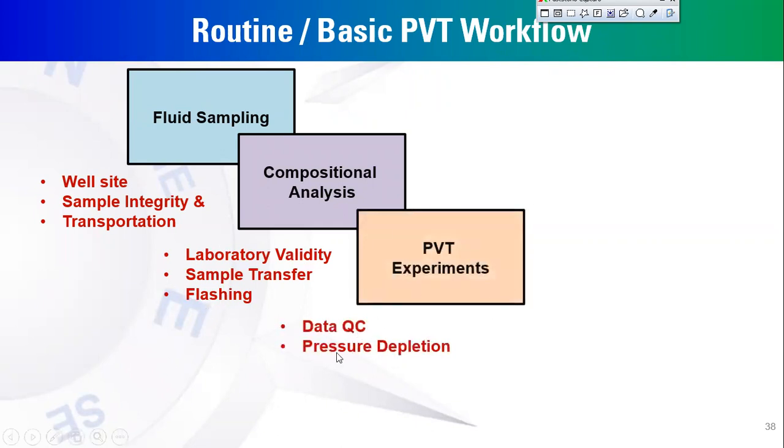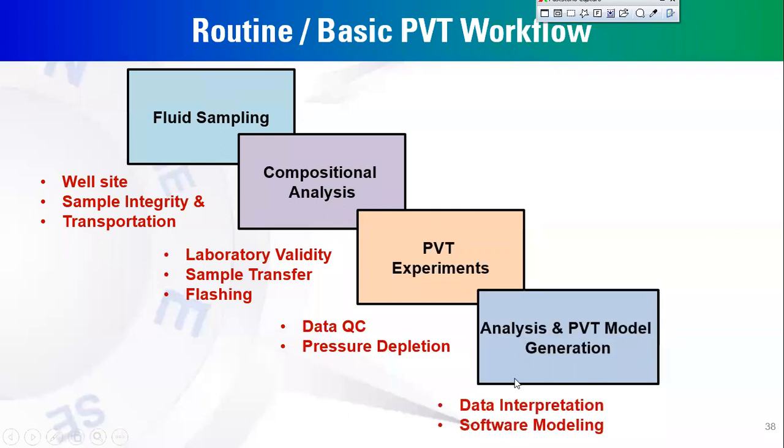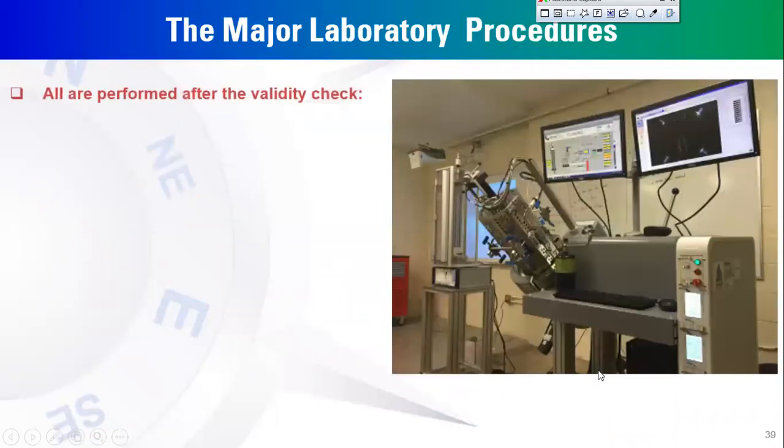It's important to check the data QC. The pressure depletion experiment is to make a specific sequence of experiments by reducing the pressure step by step. And the last step is to analyze data after quality check to generate the PVT model.